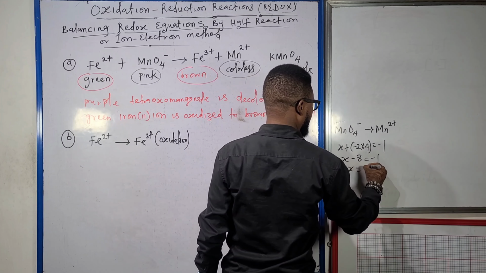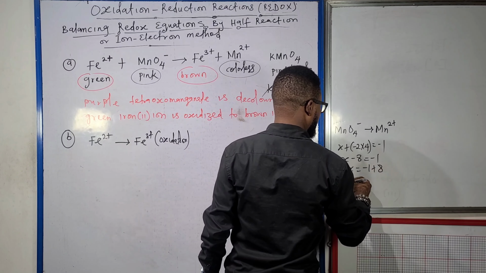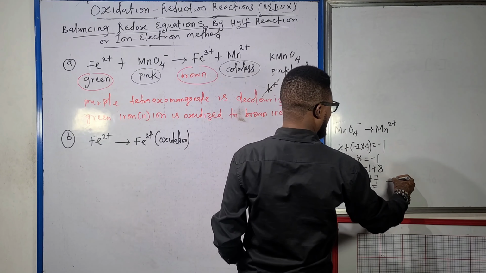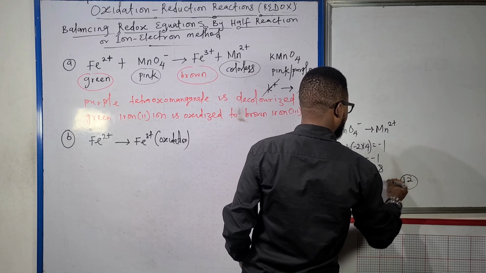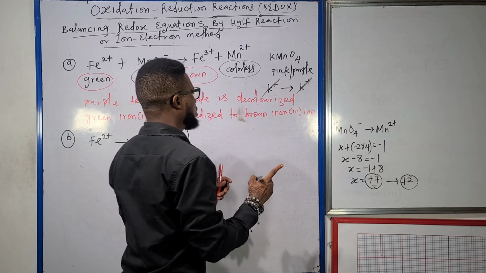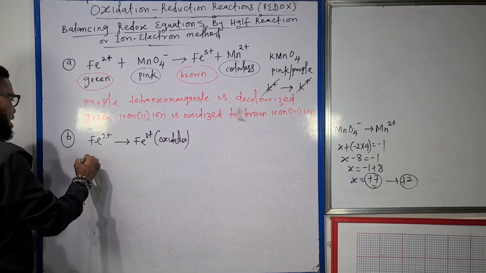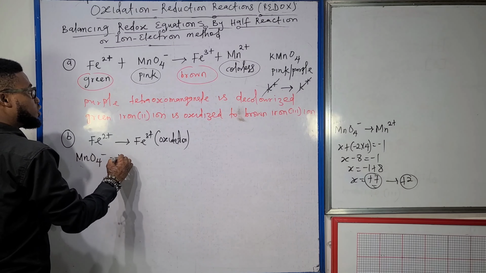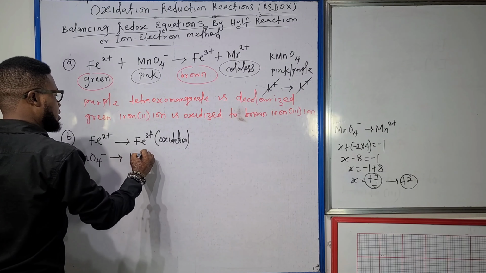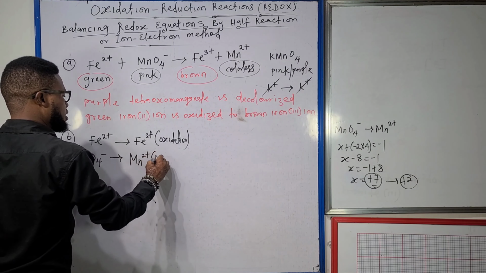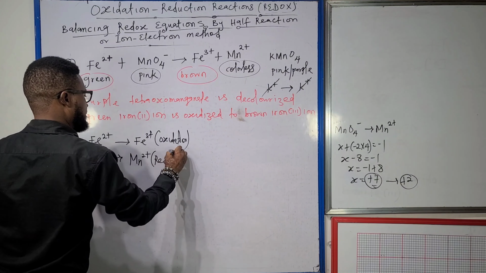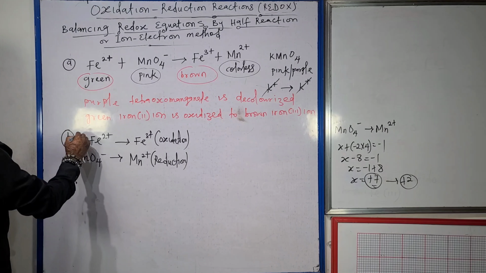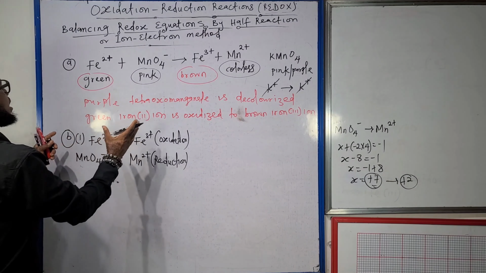So X equals minus 1 plus 8, so X equals plus 7. So from plus 7 to plus 2, that's a decrease in oxidation number, and that is why MnO4 minus to give us Mn 2+ is a reduction half reaction. So this is step 1 in balancing our redox reaction.